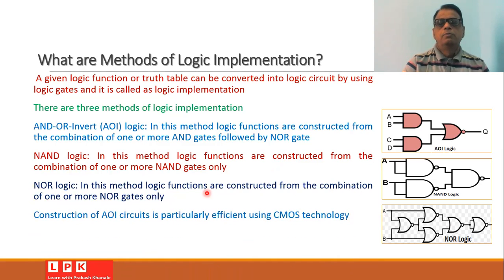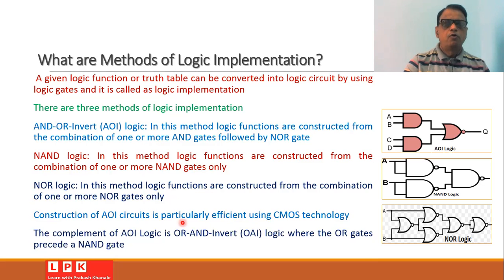Out of these three logic methods, it is found that AOI circuits are efficient as far as CMOS technology is concerned. When implemented in CMOS technology, these circuits require less space, and they are also more efficient than NAND logic circuits and NOR logic circuits.